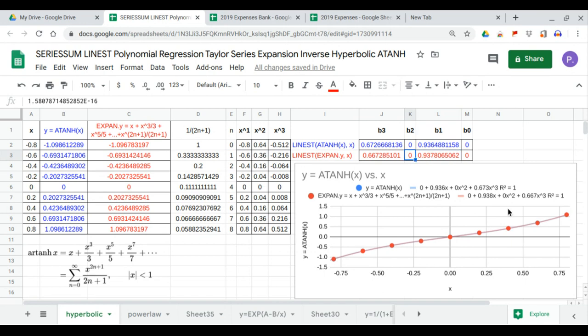Our B2 is 0. Our B3 is 0.66728, rounded up as 0.667. So this completes the use of series sum and LINEST in the polynomial regression of a Taylor series expansion of inverse hyperbolic tangent.